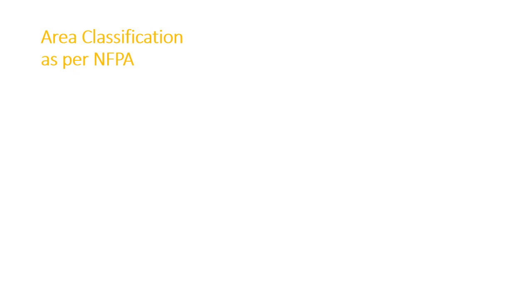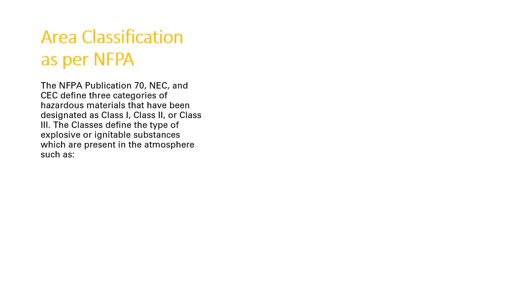Area classification as per NFPA. NFPA Publication 70, NEC and CEC define three categories of hazardous material that have been designated as Class 1, Class 2 and Class 3. The classes define the type of explosive or ignitable substances which are present in the atmosphere.